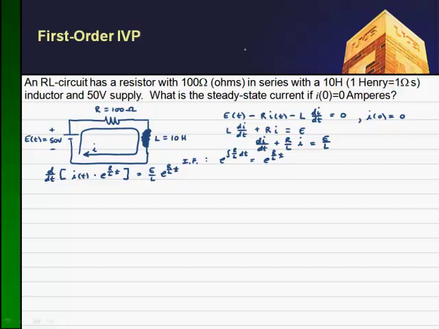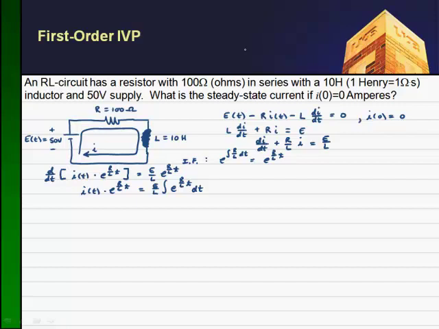If I integrate both sides, the left hand side, by the first fundamental theorem of calculus, just comes out as I of t e to the R over L t. And on the right hand side, I have E over L times the integral of e to the R over L t dt.